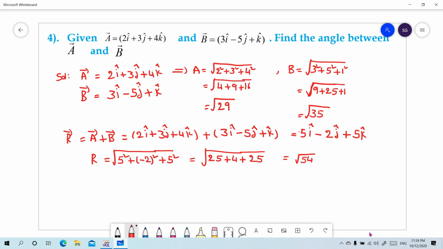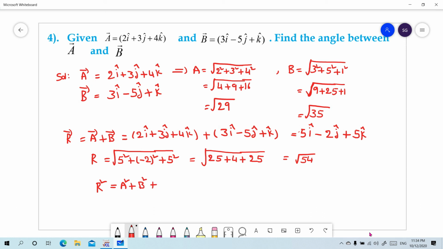So 25 plus 25, 50, plus 4, 54. Root 54. Magnitude of r bar, that is r, is equal to root of 54. A value root 29, b value root 35, r value root 54.